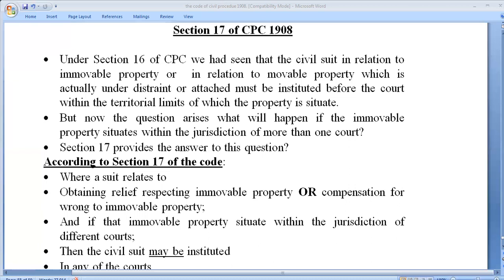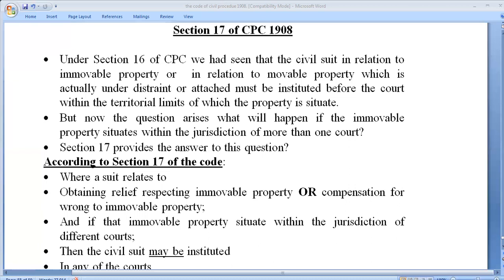Whereas if in relation to the movable property, which is actually under distraint or attachment, any civil suit is required to be instituted, then that civil suit must be instituted before the court within the territorial limit of which that movable property is actually under distraint or attachment. So this was something about section number 16.